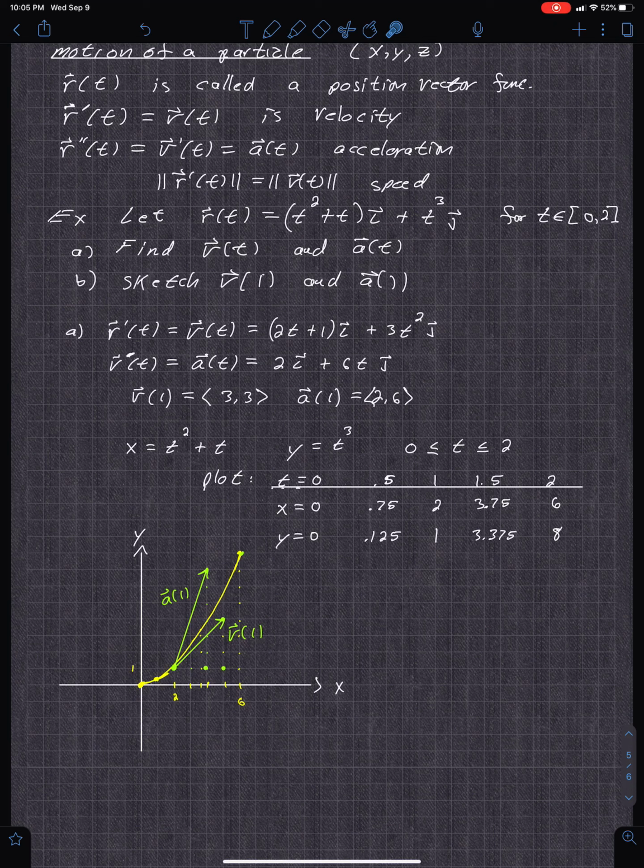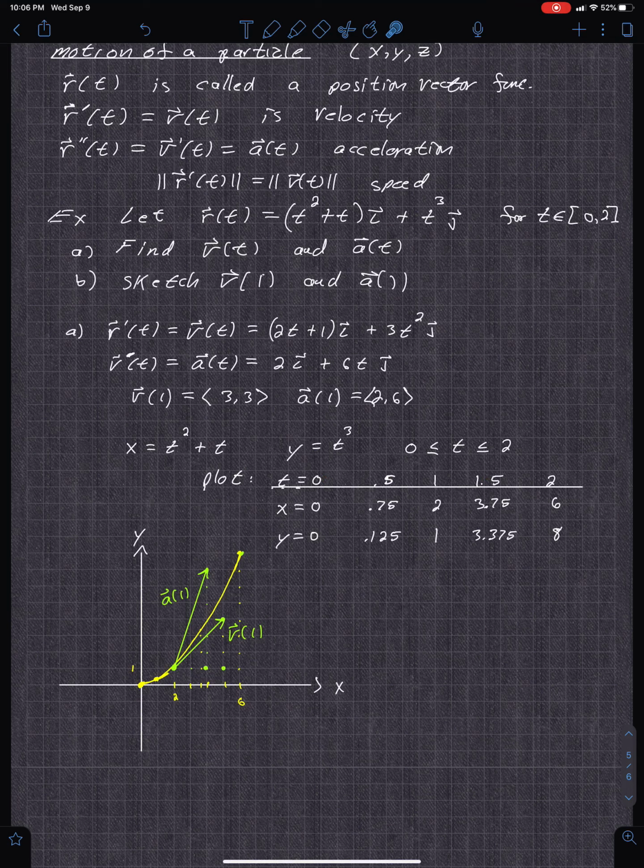When you're sketching this, really what we can do is just plot points. So I wrote out r: here's t squared plus t and then t cubed. And then your t values are going from 0 to 2. So here's 0, 0.5, 1, 1.5, 2.